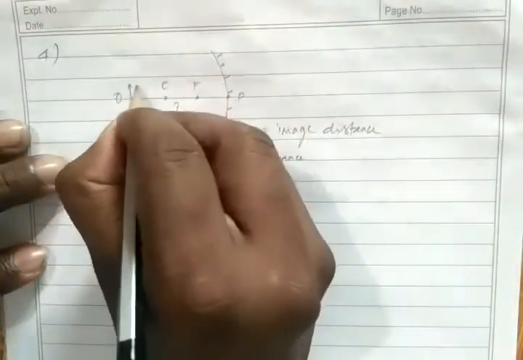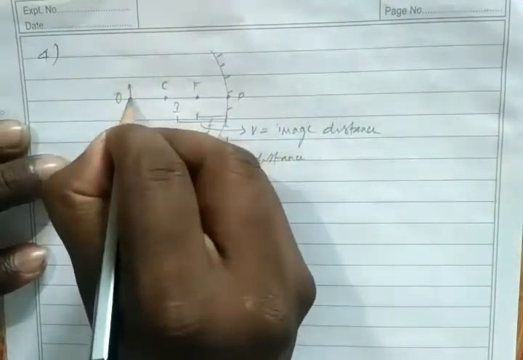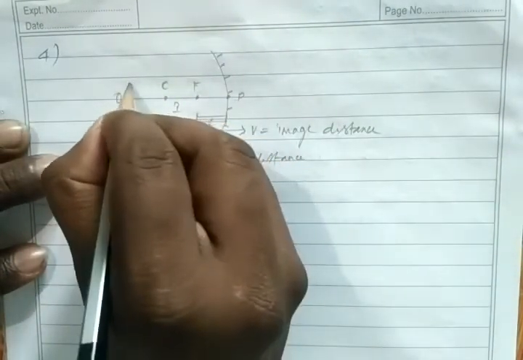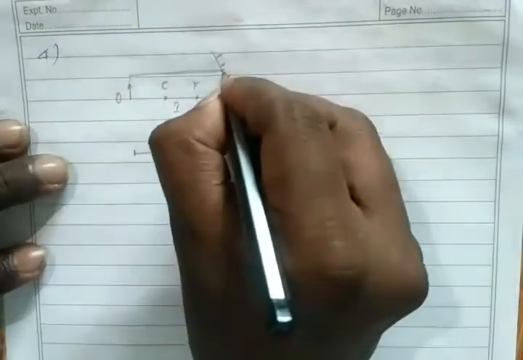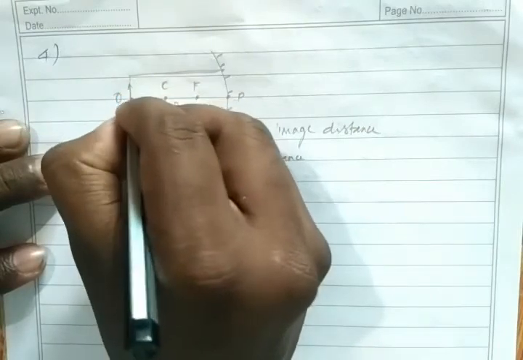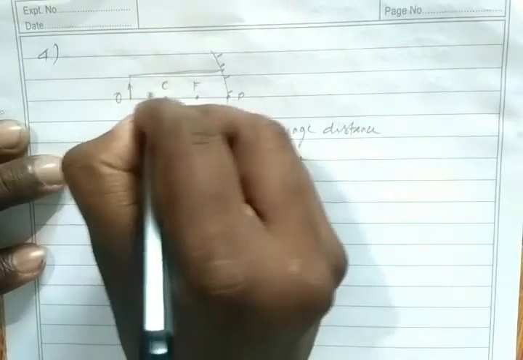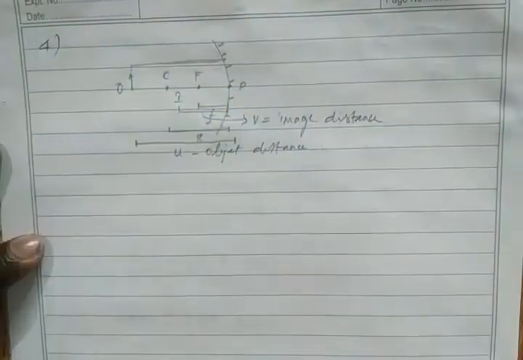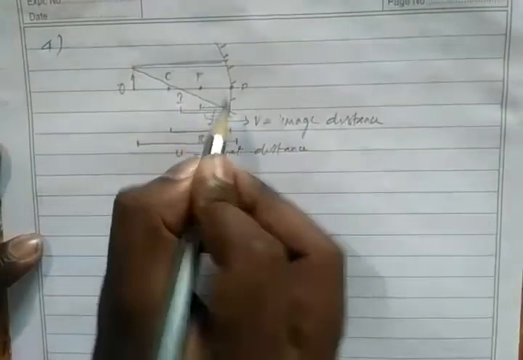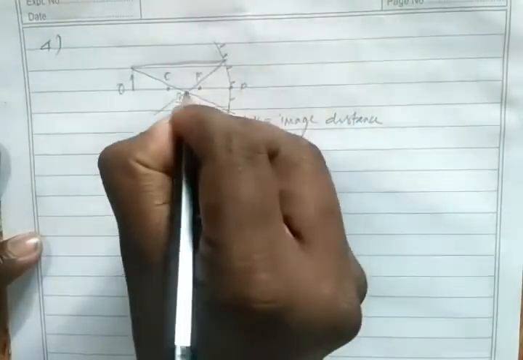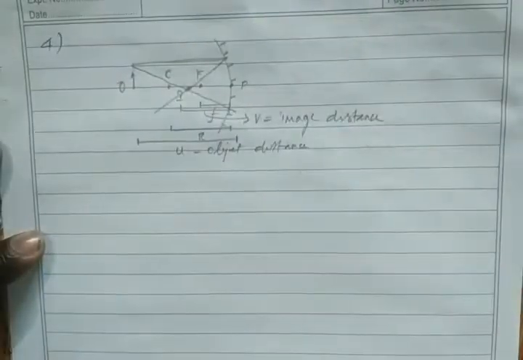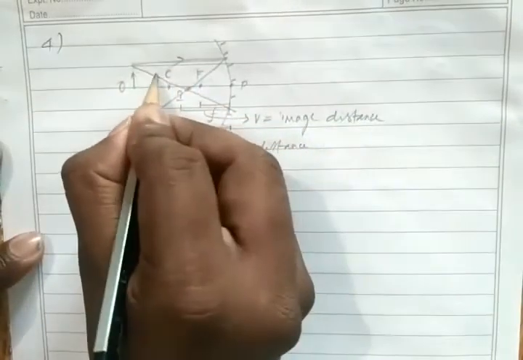So light rays: one is passing parallel, then another is passing like this, for example. I'm just saying it for example. Another is passing like this. Then they meet here where the image is formed. So this is our incident ray.